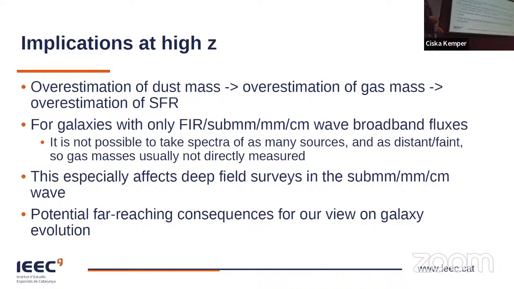Well, what it means is that if all you have are these far infrared submillimeter photometry fluxes and you're overestimating the dust mass, you might be overestimating the gas mass and ultimately overestimating the star formation rate. And this has potentially far-reaching consequences for our view on galaxy evolution, especially in the early universe. So this is something to keep in mind in those kinds of studies.